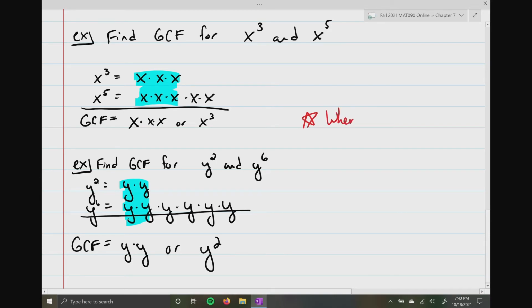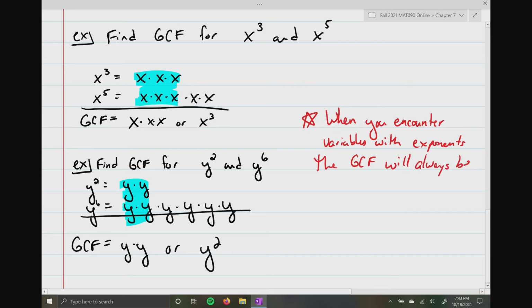When you encounter variables with exponents, the GCF will always be the variable with the smallest exponent. So what am I even talking about?